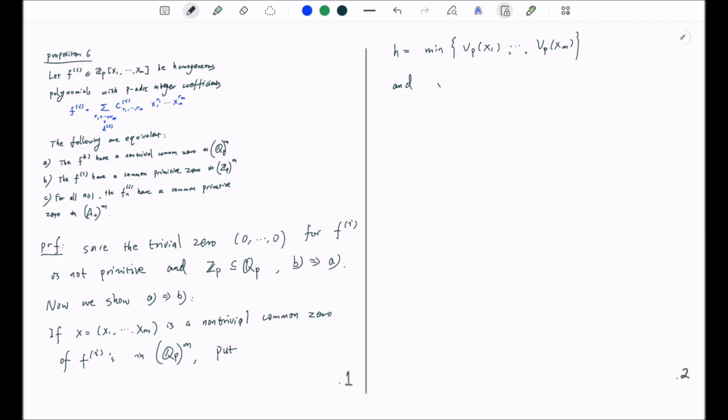And we put y to be p raised to the power negative h times x, which by definition is p^(-h)x_1 through p^(-h)x_m. This y is still a common zero for all f^i's.